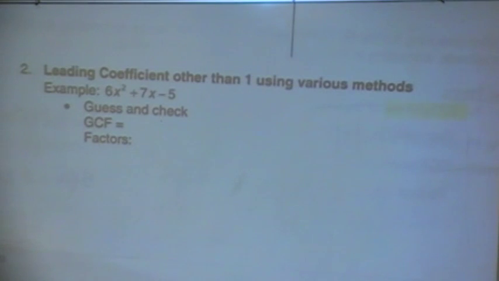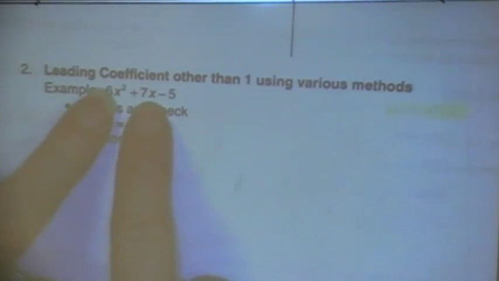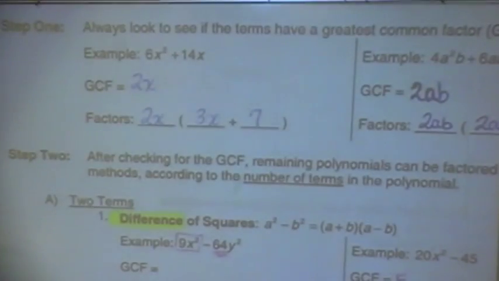Now you'll notice 6x squared plus 7x minus 5, they have written this problem again and again with multiple methods. But I don't like to teach multiple methods. I prefer only teaching one method so that we are all doing it the same way. And I have found over my 12 years that this method, the bottoms-up method, is the simplest for us all to use.